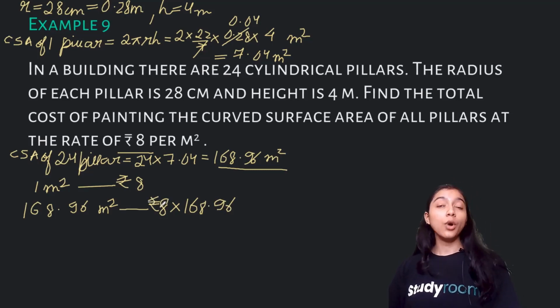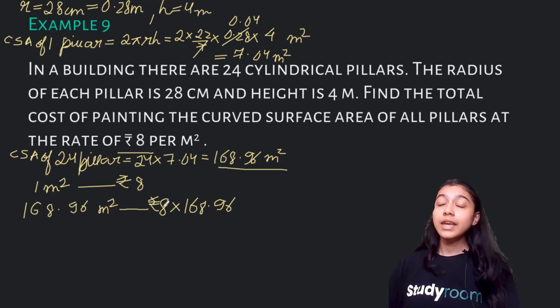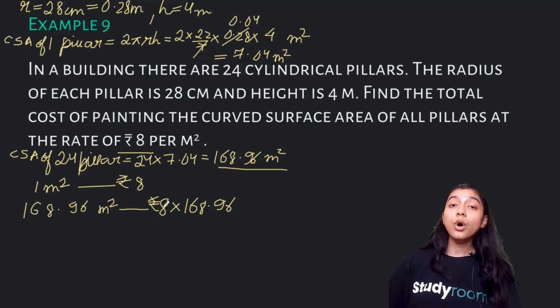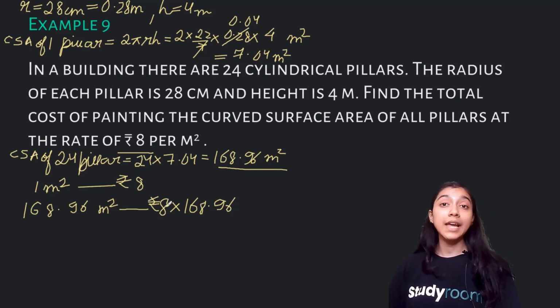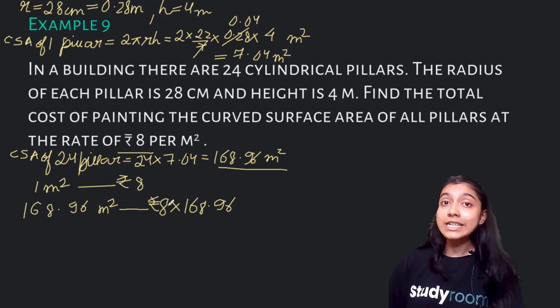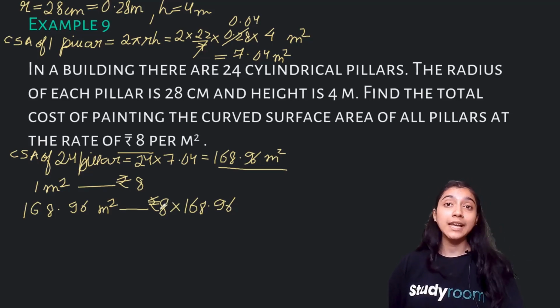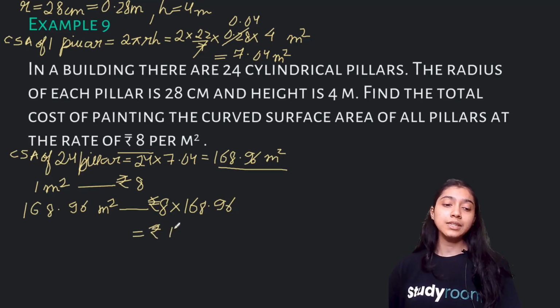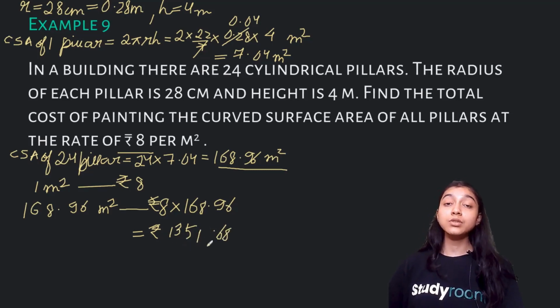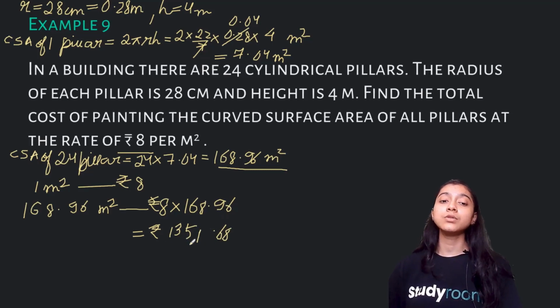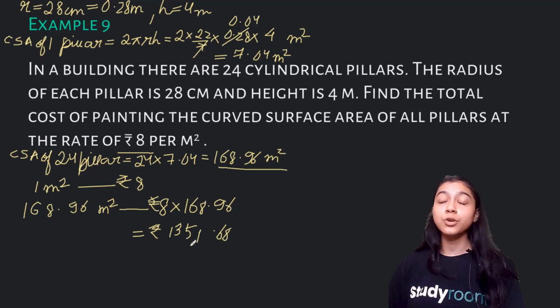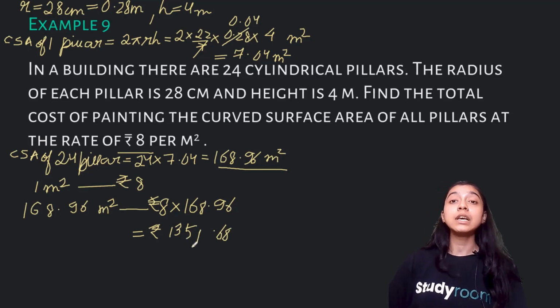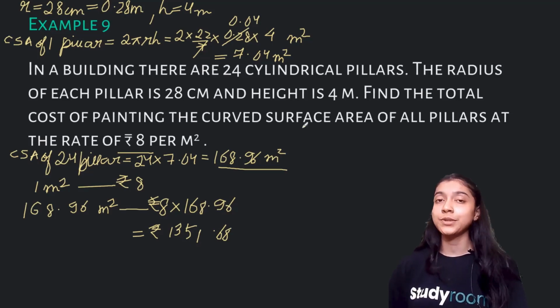Because if the cost of painting 1 meter square area is 8 rupees, the cost of painting 168.96 meter square area will be 8 multiplied by 168.96 rupees. So this will give us rupees 1351.68. This is the total cost of painting all the 24 pillars if the cost per meter square is rupees 8.